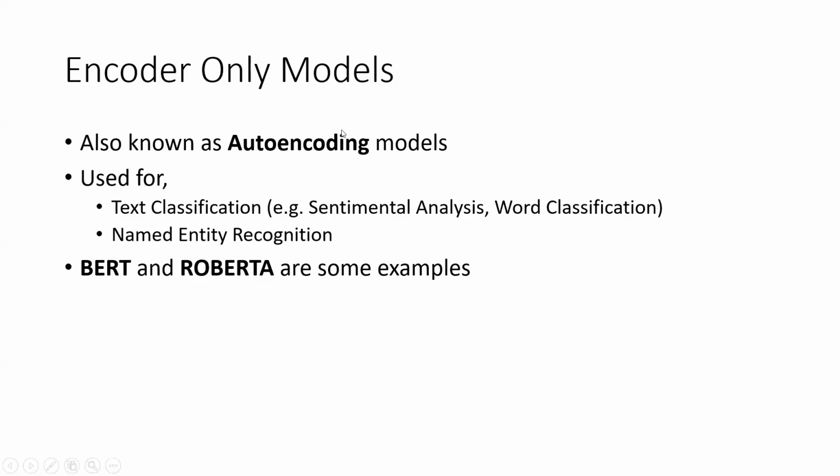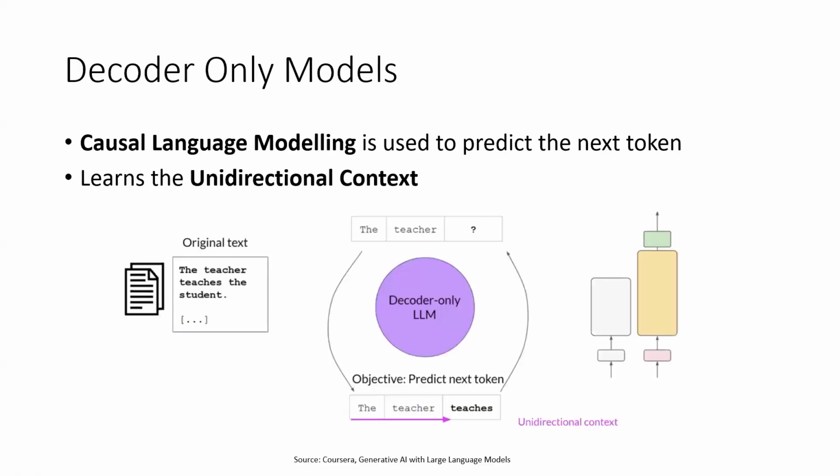The idea of this auto-encoding model is that it can understand what is given in a sequence of words, in both directions, right? So it understands the whole sentence as a whole in both directions. That is the idea of encoder-only models. BERT and RoBERTa are some of the open source versions available for your development, right? You can download them and then use them.